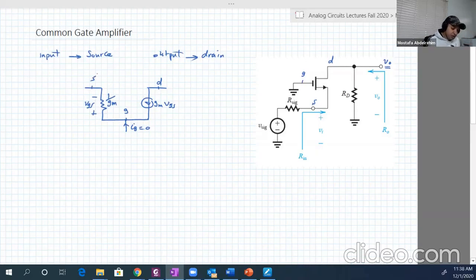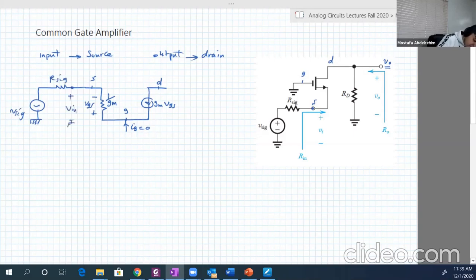Okay, good. So let's continue the rest of the circuit. Between the source and the ground, there is our signal, V signal. And remember, the input is just at the terminals of the signal, and here is also our input from that location.